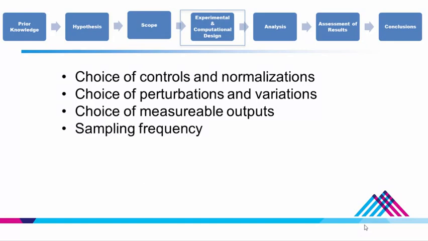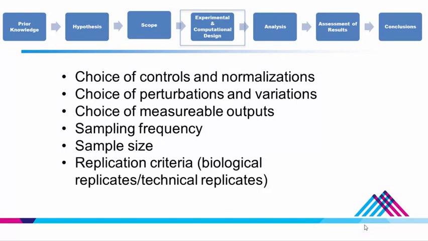If you're doing a time course, how often should you have a time point? What would be appropriate, and also what would be the sample size to satisfy statistical requirements? And finally, there's the replication criteria, and there are two types of replicates, biological and technical replicates.